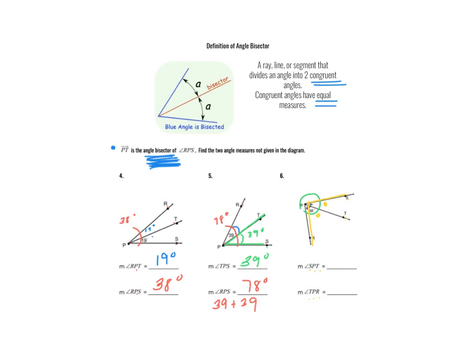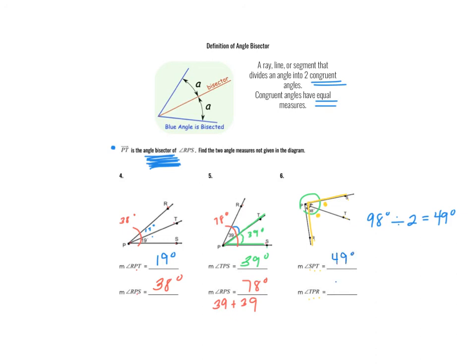When I talk this one through out loud, it really helps me see how simple it is. If I know that the whole angle is 98 degrees, and I know that it has been bisected by PT, then simply put, this angle has a 98 degree whole angle that has been divided equally into two smaller angles. So 98 divided by 2 is 49. And that means that each of those angles that are the parts are 49 degrees.